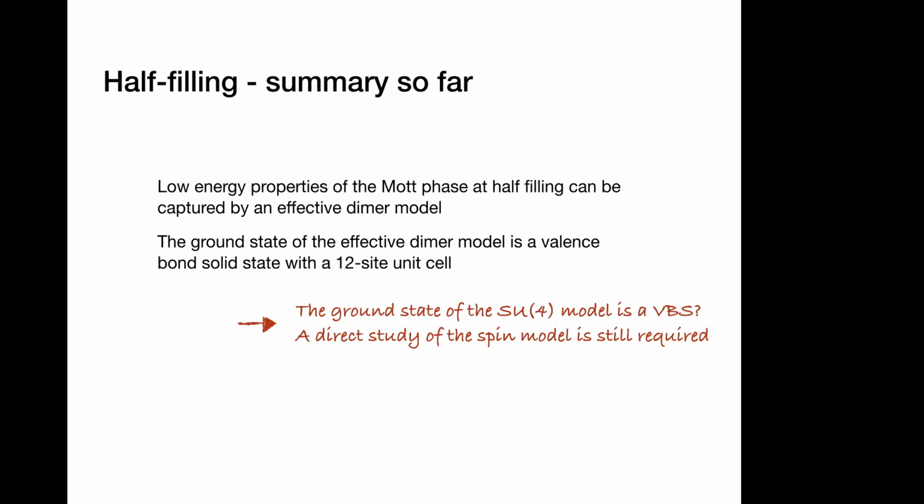This of course leads to the conjecture that the ground state of the actual SU4 model is a valence bond solid, but this will require further numerical studies, which still remain pretty difficult for this model.